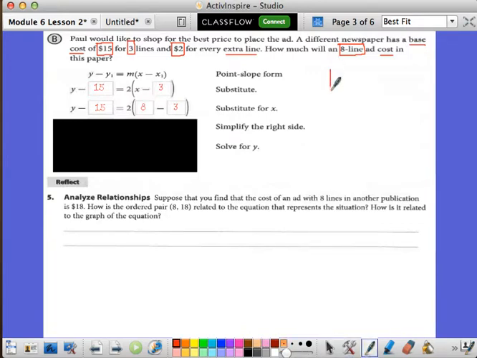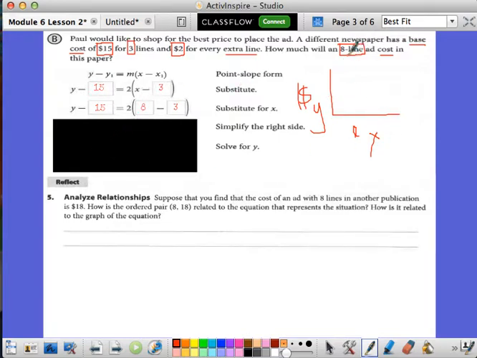And if you're struggling with this, sometimes it helps just to picture a graph and say, okay, this would be my number of lines and this would be my cost. And this is always my x and this is always my y. This is where determining your independent and dependent variables is very important. Your lines are independent of the cost, but the cost depends on your lines.